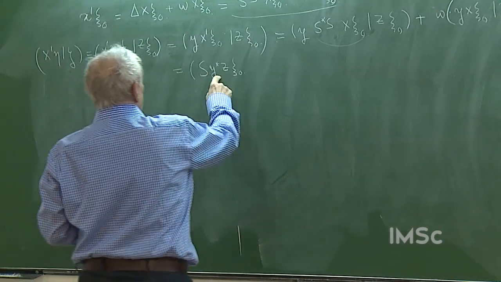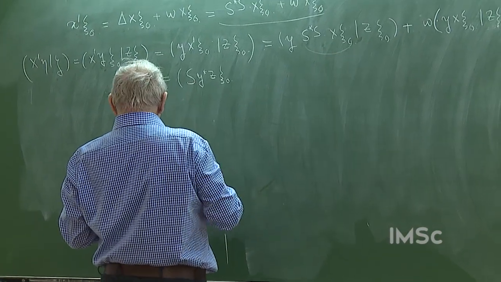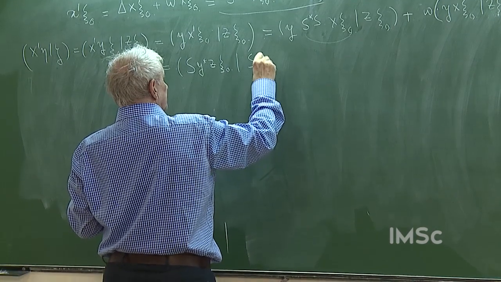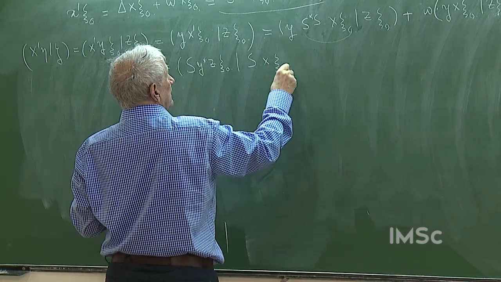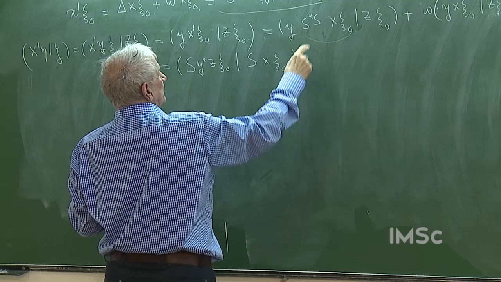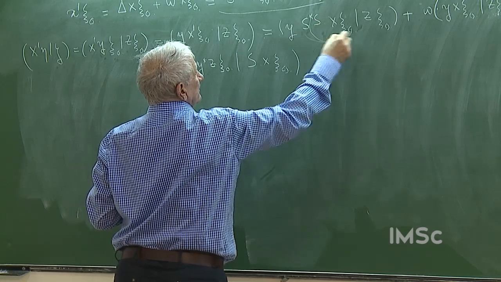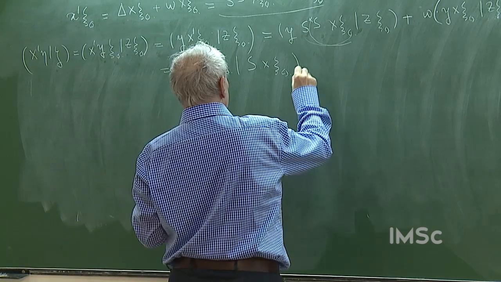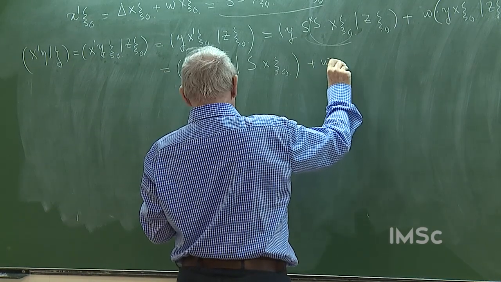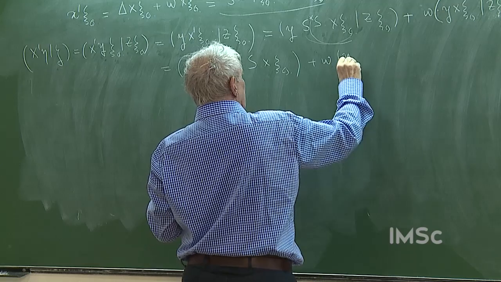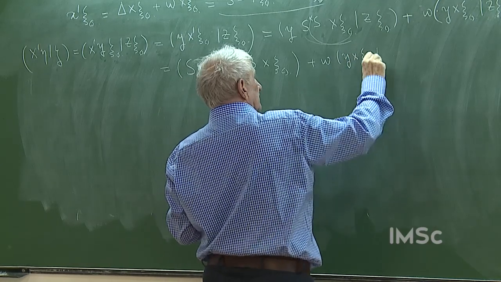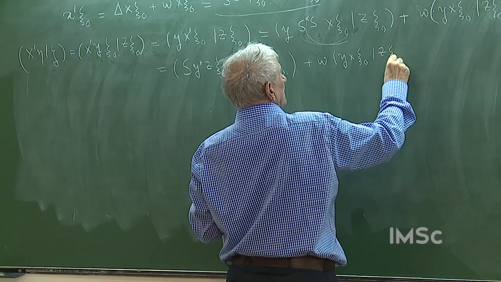So that S y star z times S x naught, because this remains here. The others went plus omega y x naught, xi naught, z psi naught.